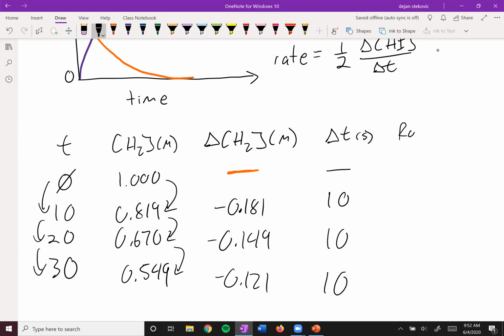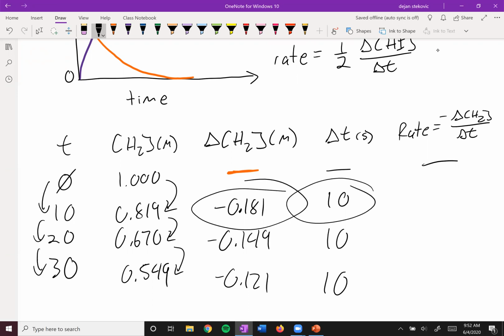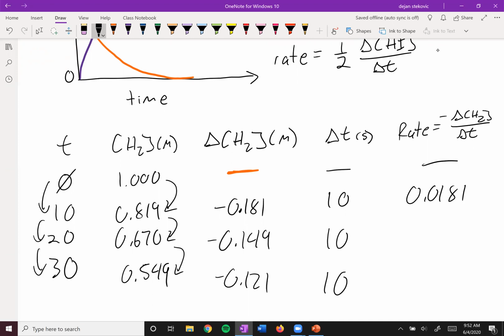The rate is the change in concentration, in this case made negative because our rate has to be positive, over the change in time. So we take this 0.181 and divide it by 10, and so on. You get 0.0181, 0.0149, and then 0.0121.